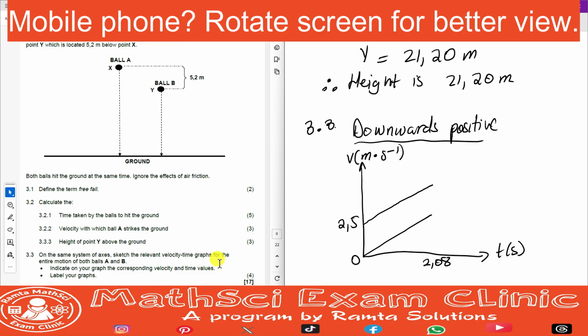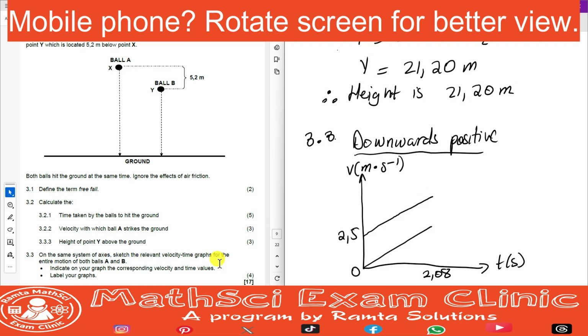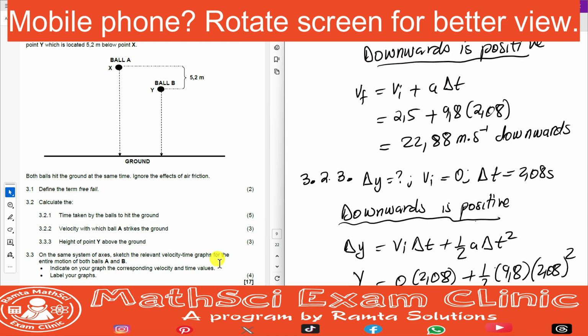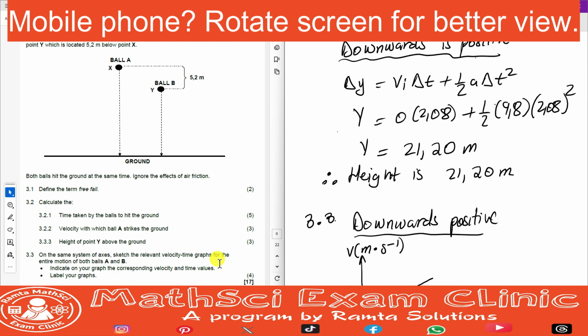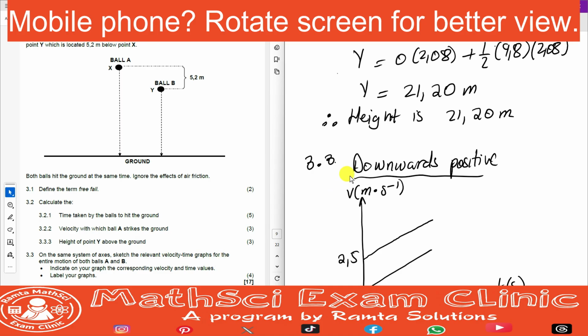I think we did. Did we have to find the velocity with which both objects strike the ground? I know we calculated the velocity that object A struck the ground with, which was 22.88, right?